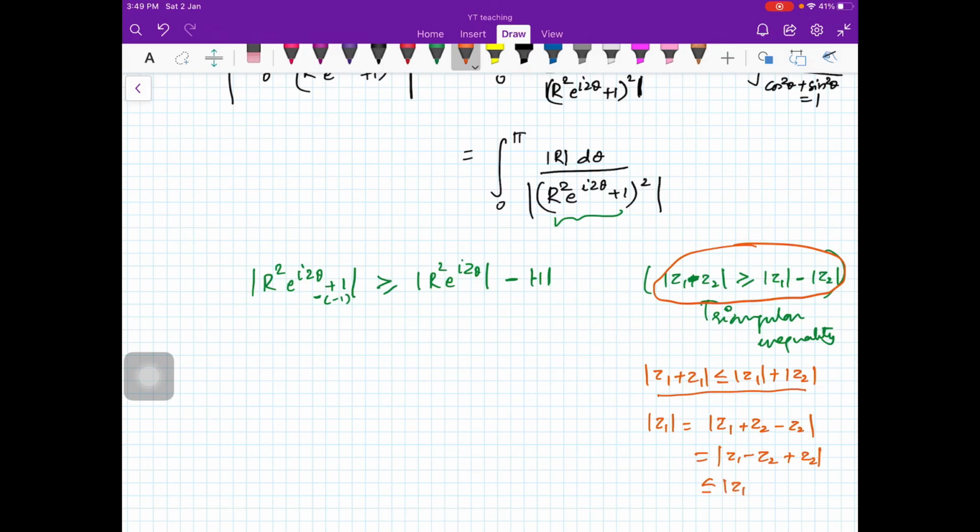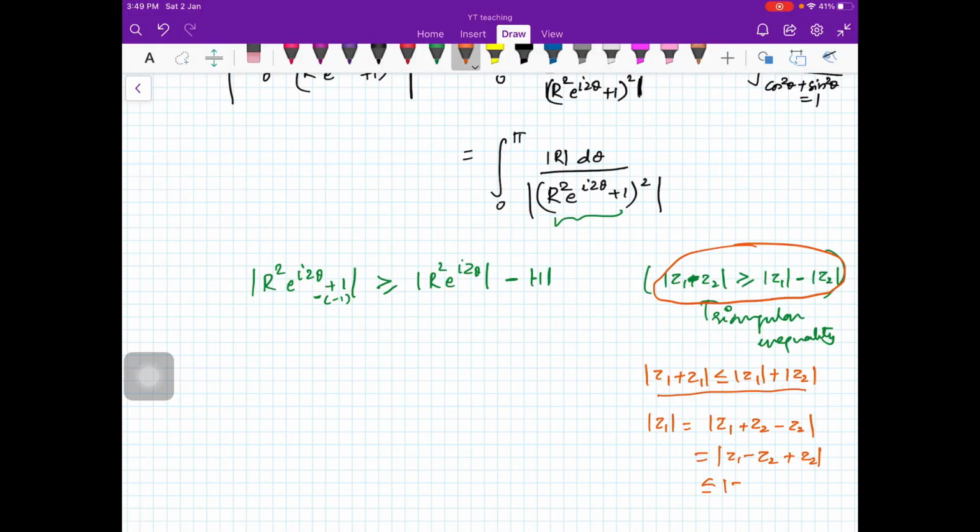So you can just take the reciprocal: 1 upon mod of r square e raised to iota 2 theta plus 1, whole square, is less than or equal to 1 upon r square minus 1, whole square. Everything is positive.